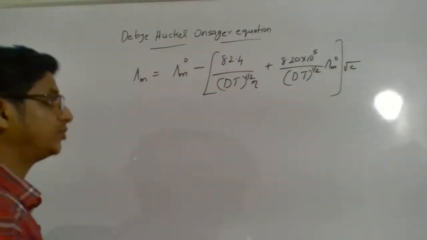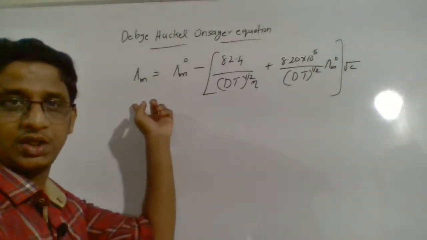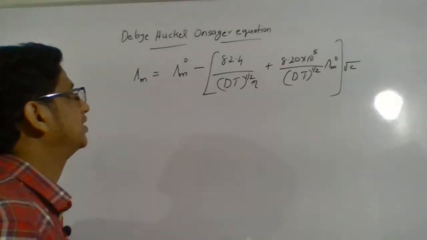So this is the modified Onsager equation for finding the molar conductivity of a strong electrolyte at a given concentration.